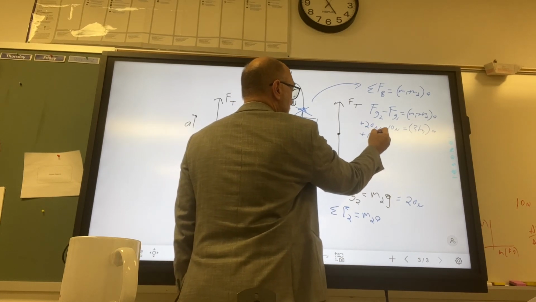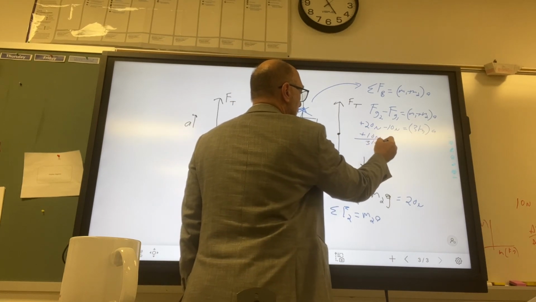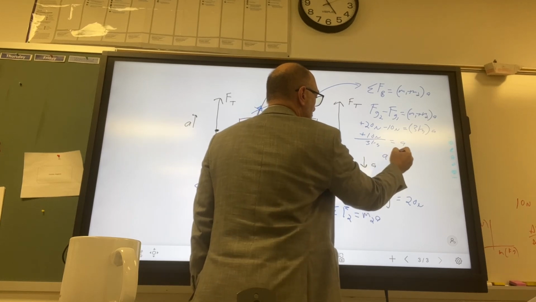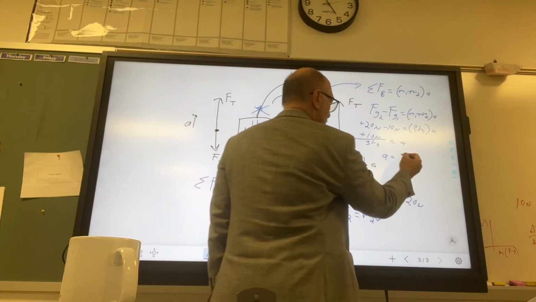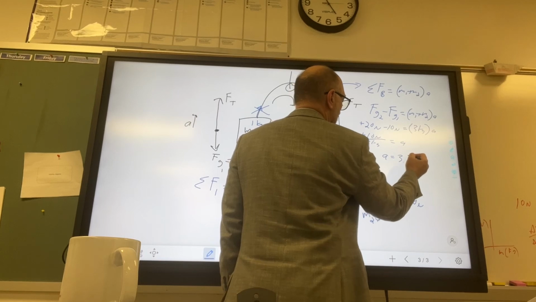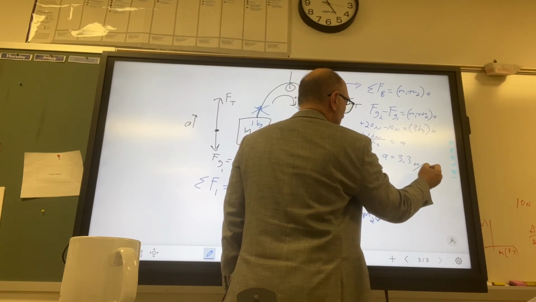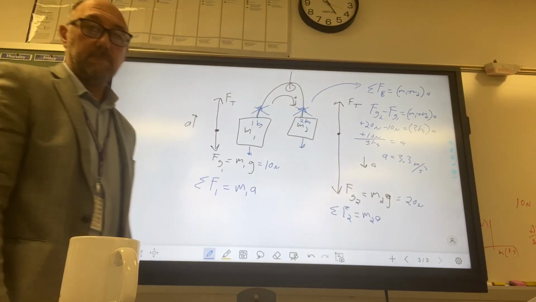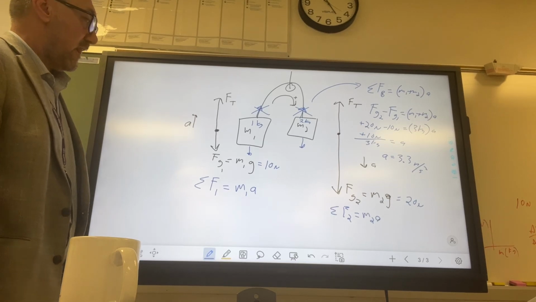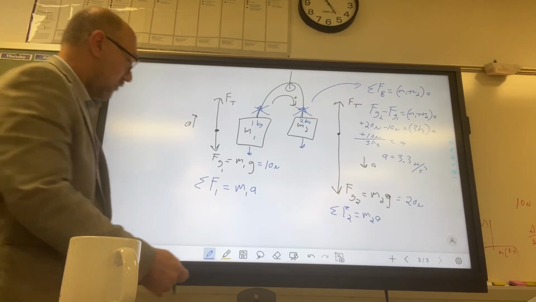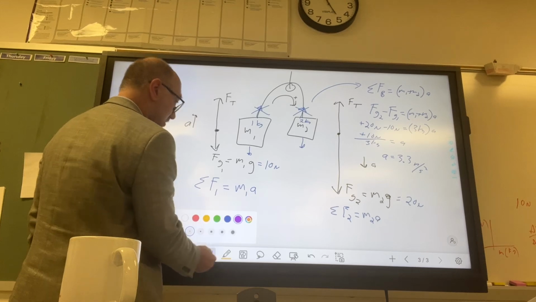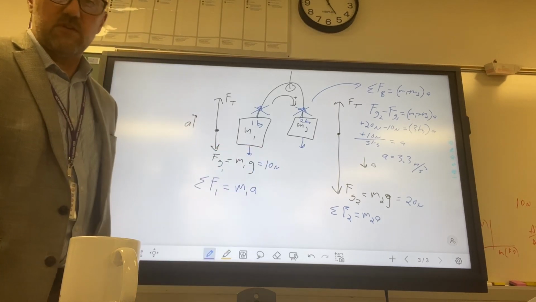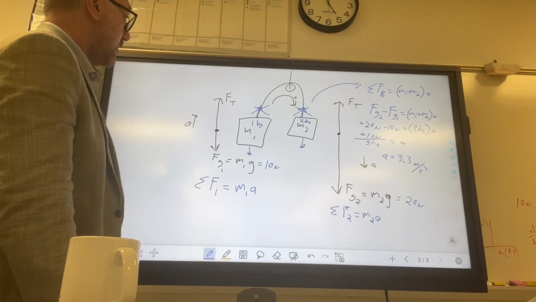I get positive 10 newtons divided by 3 kilograms equals A. So my acceleration is going to be what? 3.3 meters per second squared. So that's finding the acceleration, and I might ask you that in a quiz.